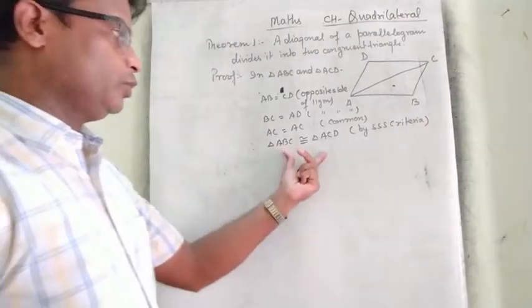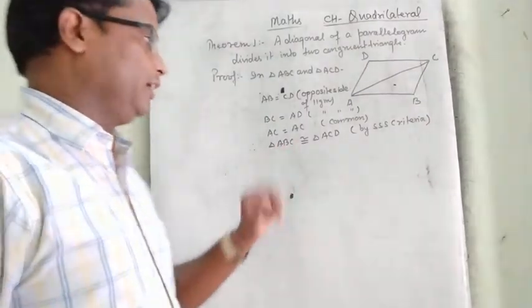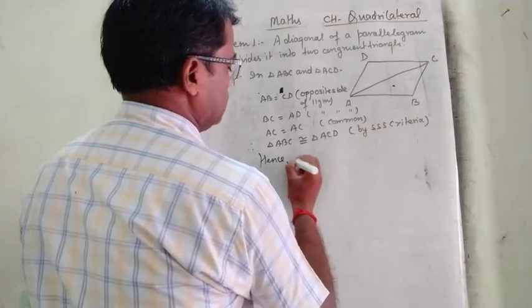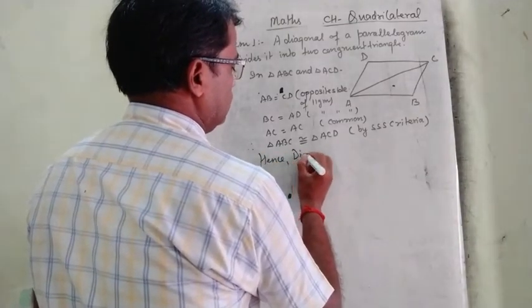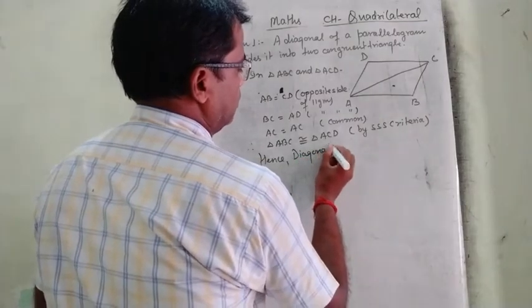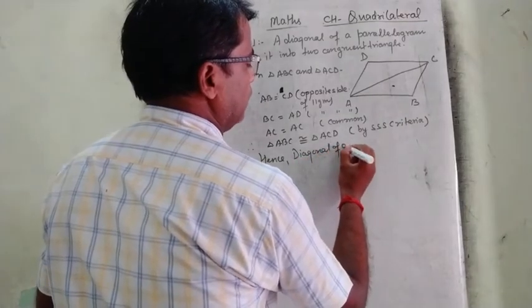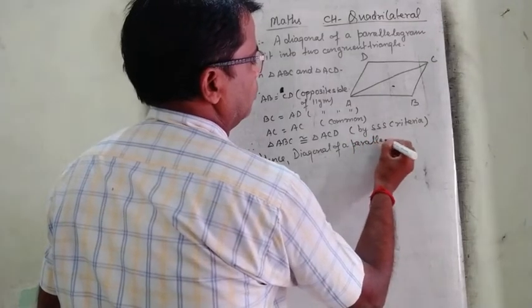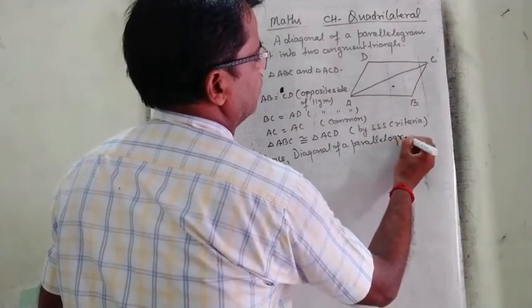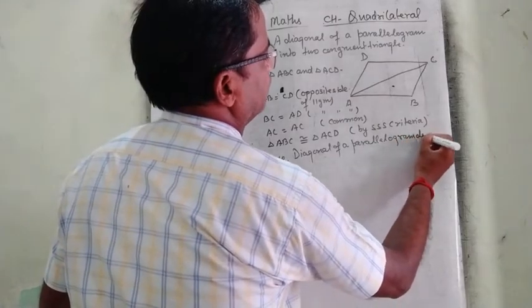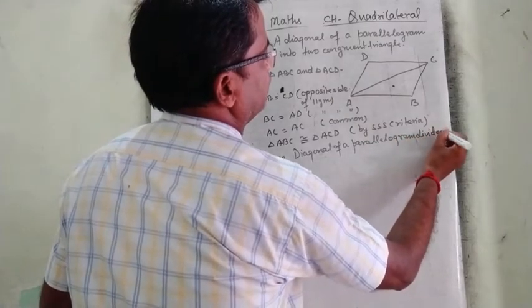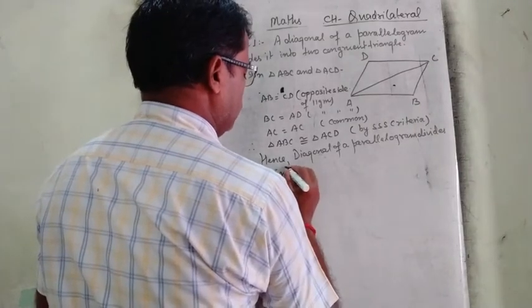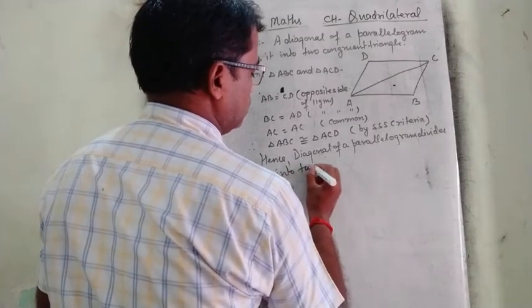Then these two triangles are congruent, hence a diagonal of a parallelogram divides it into two congruent triangles.